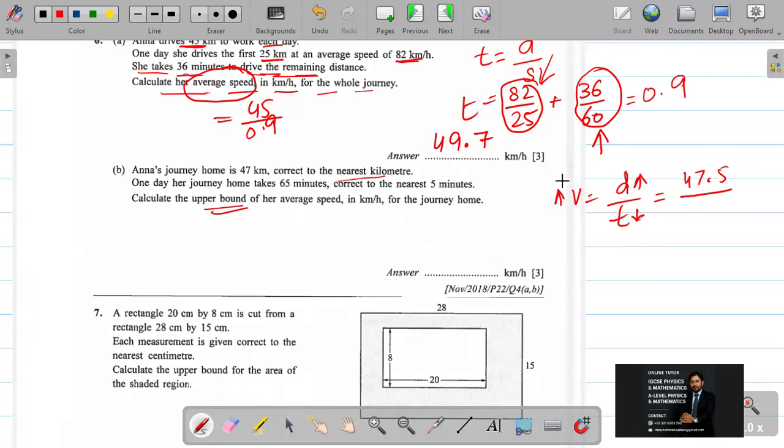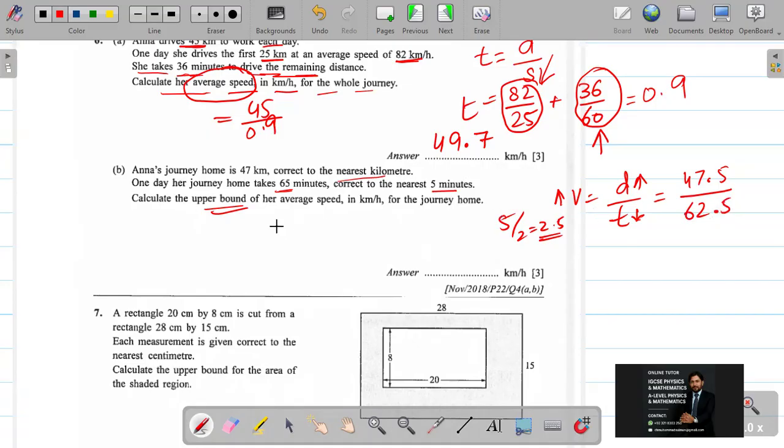So I will have to use the lower limit there. For 65 minutes, if I take 5 minutes as the lower bound, then 5 divided by 2 is equal to 2.5. So 2.5 should be subtracted from it, so I will get 62.5.